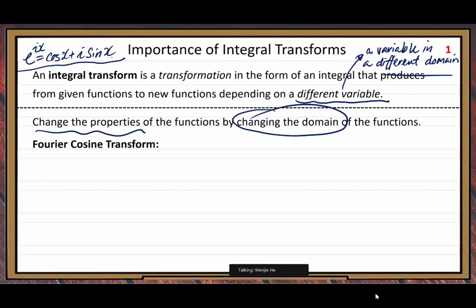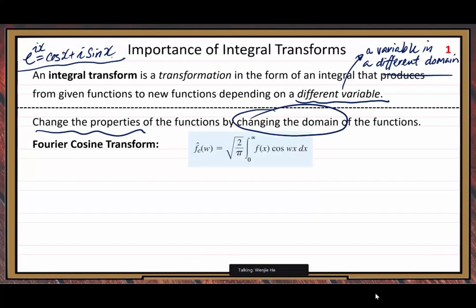When you use the cosine function, you miss the sine components. When you use the sine function, you miss the cosine components. But if we use the E function, we preserve information from both components. That's the kind of understanding.